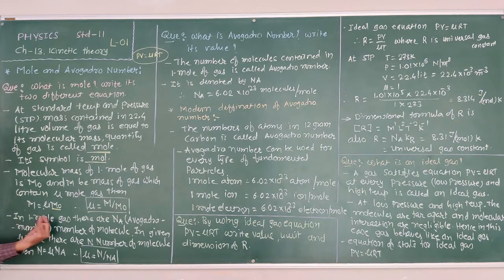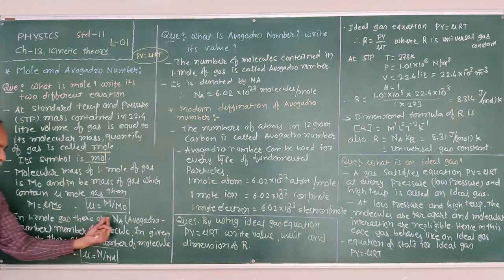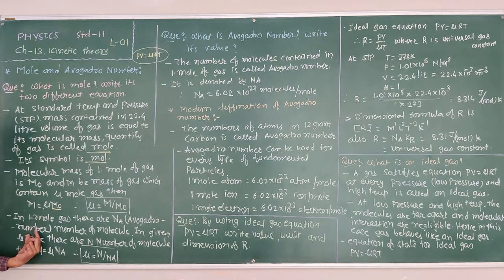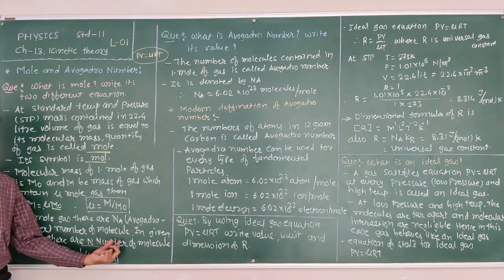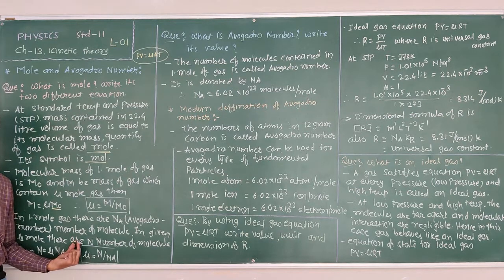Therefore, in 1 mole of gas, the number of molecules is equal to the Avogadro number. In a given mu mole, if there are capital N molecules, then N is equal to mu into Na. What is N? Capital N is the number of molecules in a given quantity of a gas.